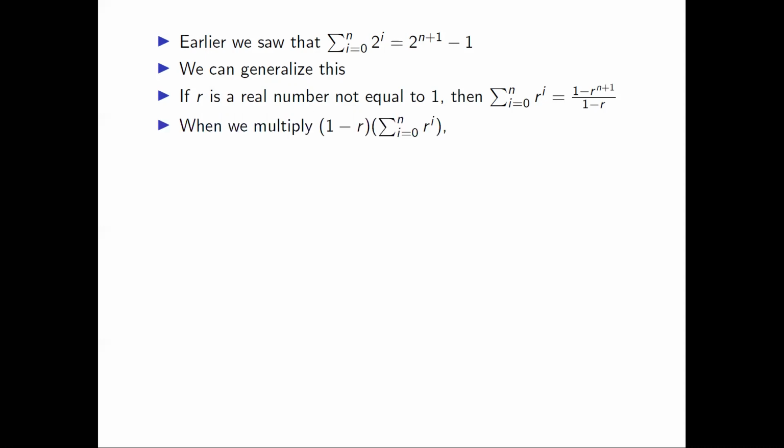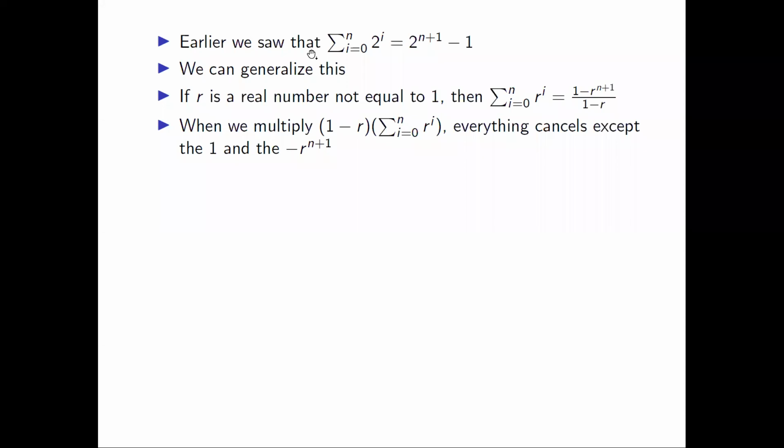Why is this true? Well, we can do some multiplication and we'll see that there's massive cancellation. So let's look at why this is true. We're going to multiply 1 minus r times this sum, which is a sum from i equals 0 to n of r to the i. And when we write this sum, instead of using sum notation, we can just write it out.